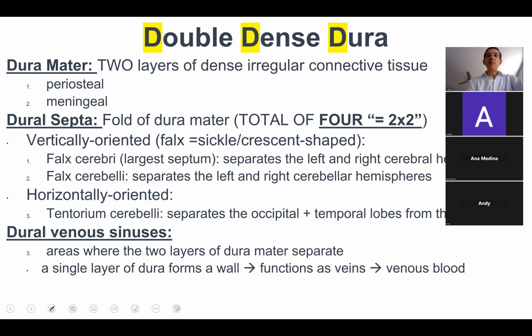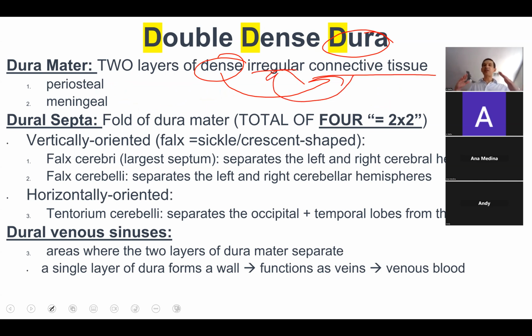So dura mater is very dense, and it's so dense and so hardy because of this connective tissue that is very irregular. That means that the connective tissue does not run parallel. It runs in all 3 dimensions and provides that extra layer of rigidity. We have 2 layers of dura mater.